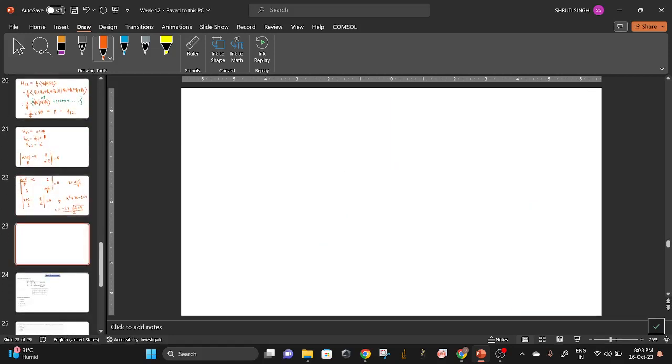Thus we get x equal to minus 2 plus minus 2 root 2 divided by 2, which is minus 1 plus minus root 2. This is the value of x, not the value of energy.